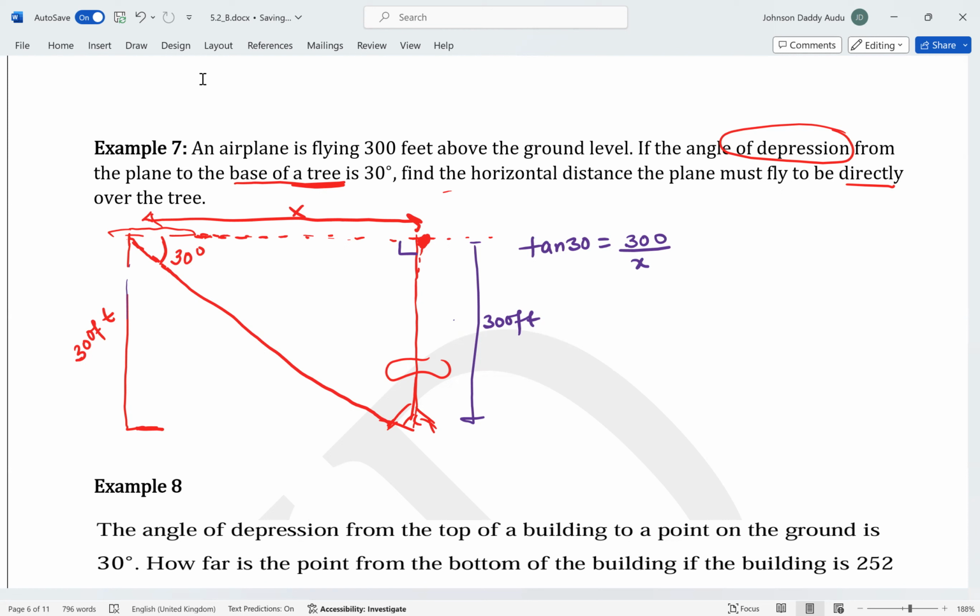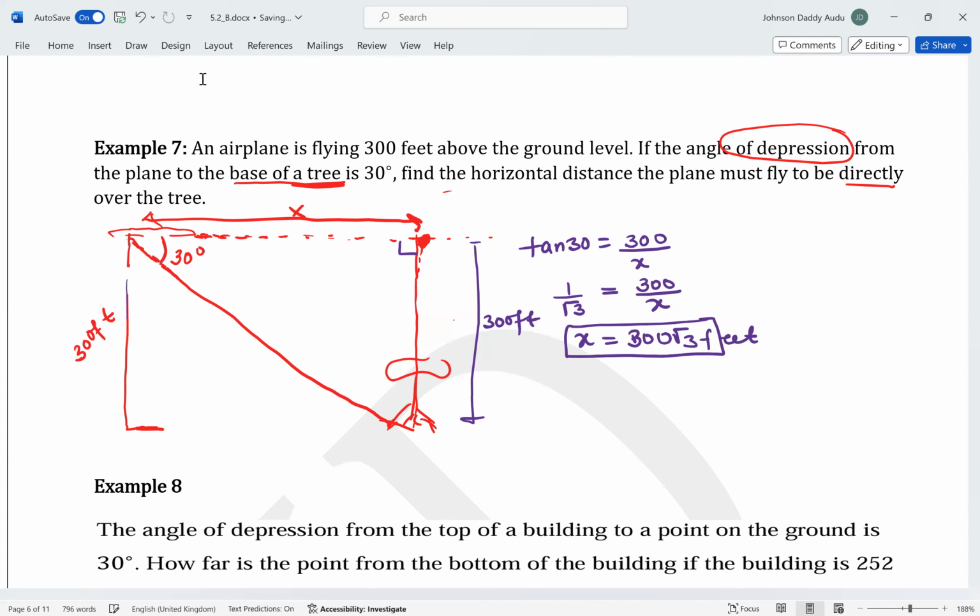Tan 30 is not root of 3, but 1 over root of 3. So it means that X is simply 300 root 3 feet. This is one way to solve it.